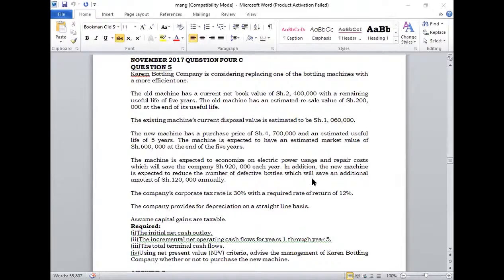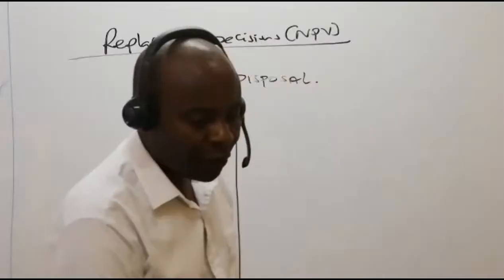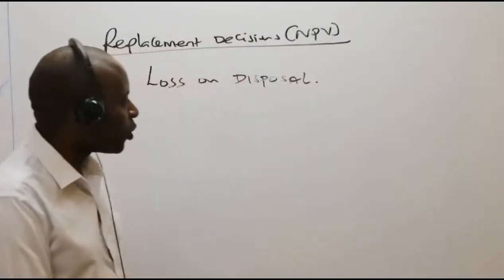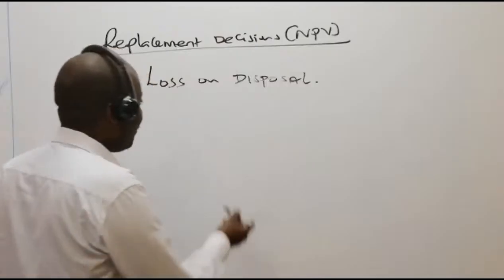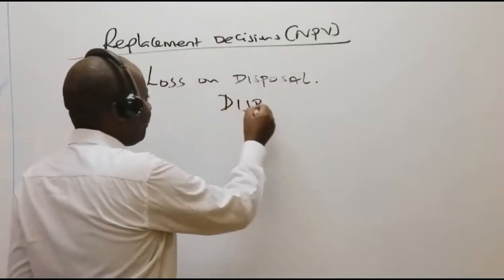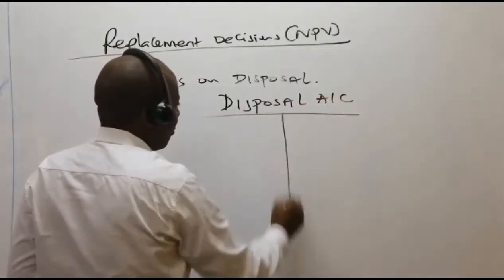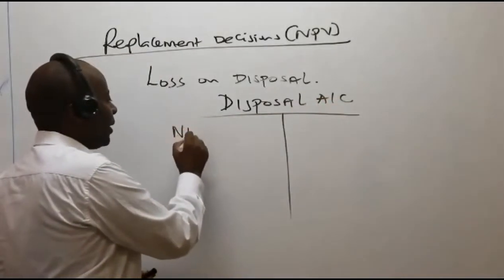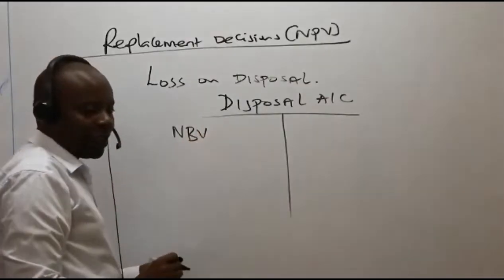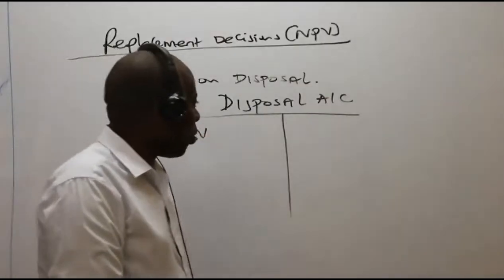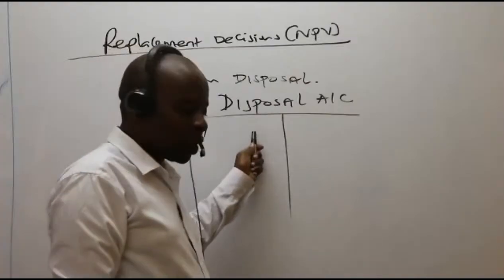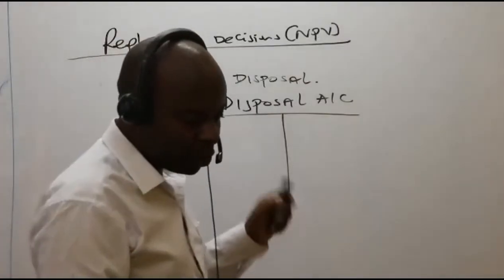Remember, in financial accounting, for you to be able to get that loss on disposal, you would have done a disposals account. This is how you do it in CPA financial accounting. You start by debiting this account with the net book value of this particular machine, the disposal of the old machine.